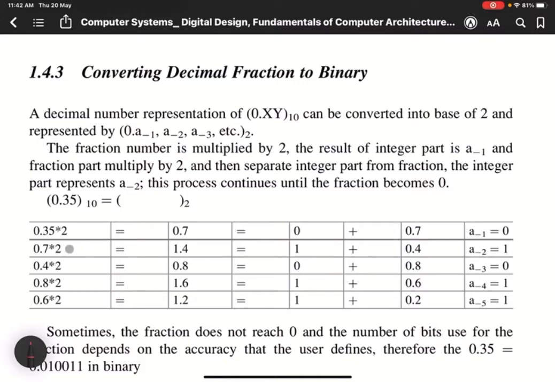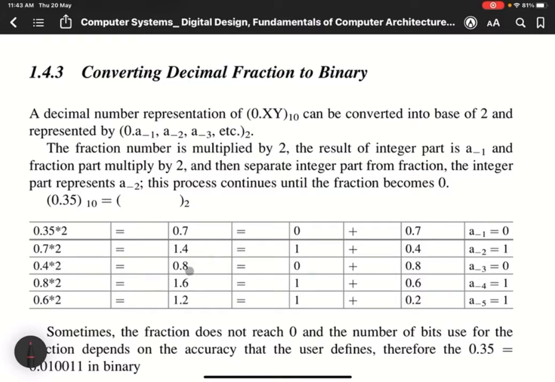Okay? So if we multiply 0.7 by 2, it will give us 1.4. So it has a whole number, then we put 1. Then again, we multiply 0.4. Remember, not everything, only the decimal part is multiplied.